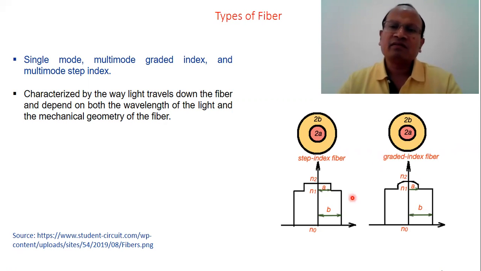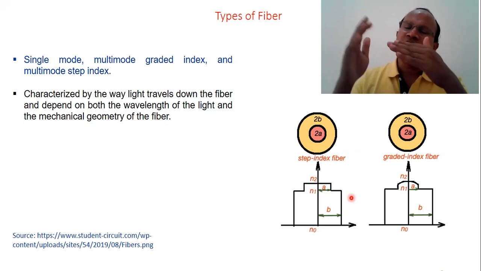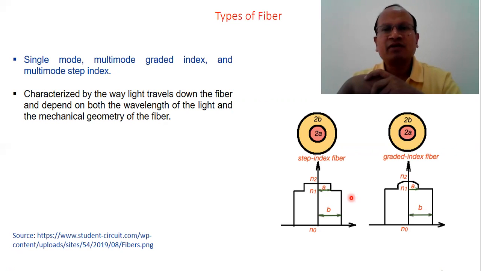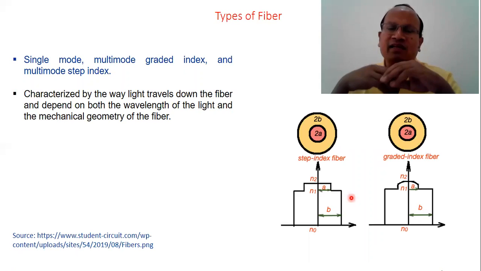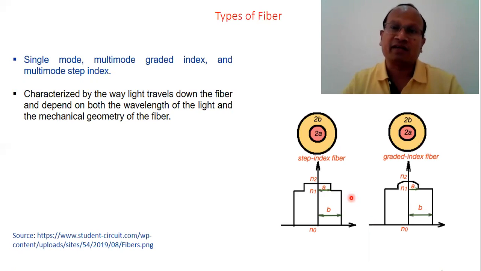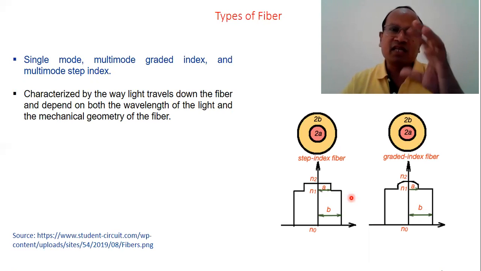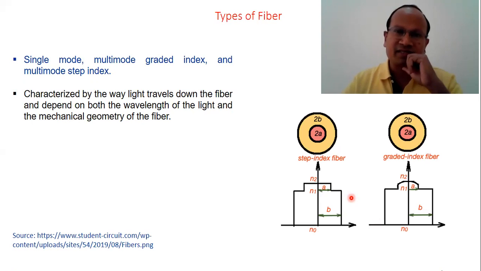Fibers are actually divided on the basis of grading. We know there is a core and then cladding. The core material has a certain refractive index. After the core comes the cladding, which is a material having another refractive index. So at the core cladding interface, there will be a relation between refractive indices.